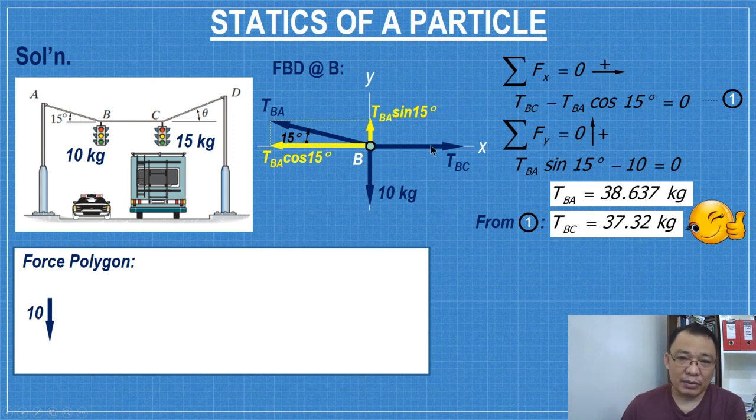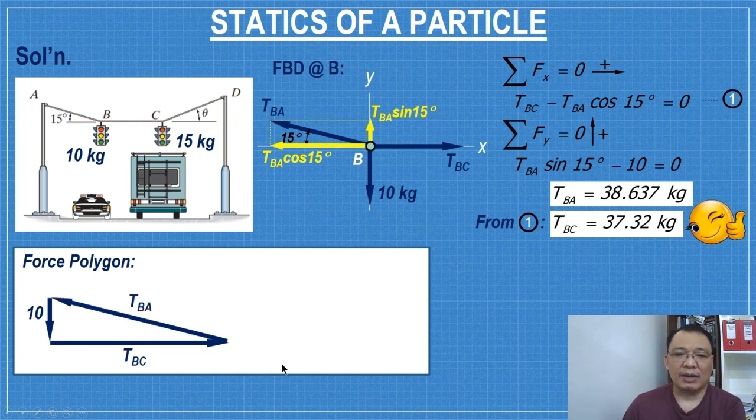And then you connect, no particular sequence, but for this one, TBC, horizontal. And then TBA. The angle is 90 degrees because vertical and horizontal make 90 degrees. The angle that TBA makes with the horizontal is 15.